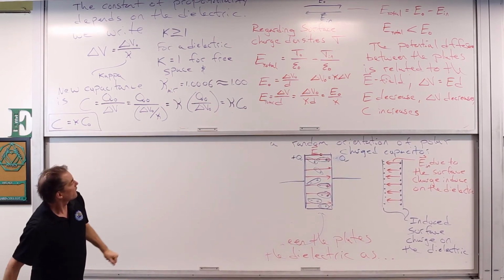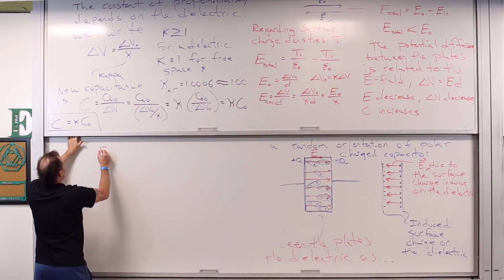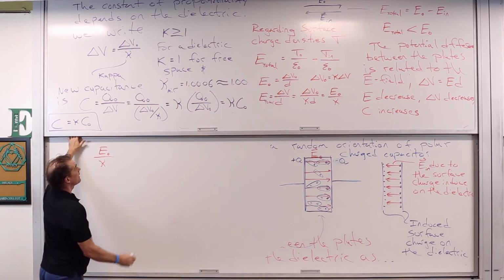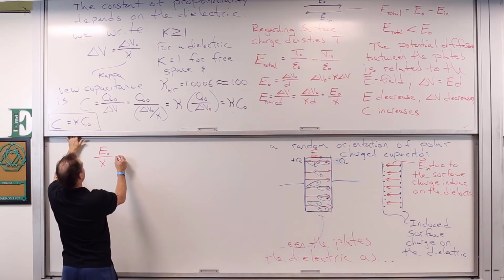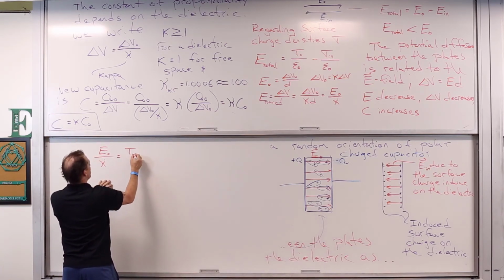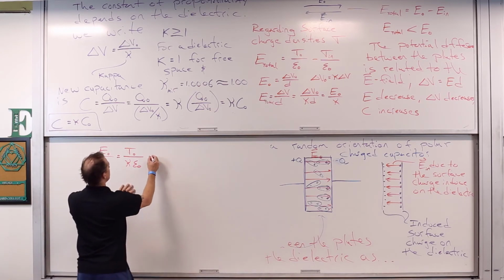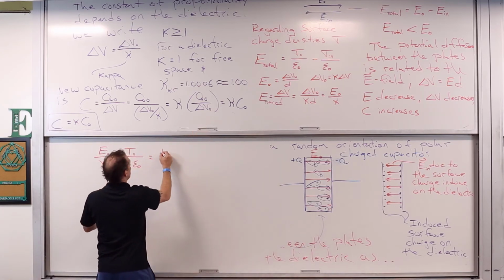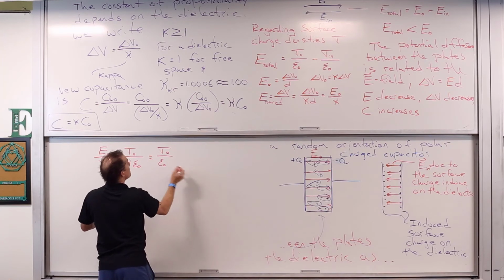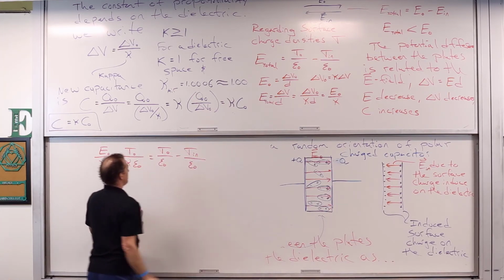Well, we can now say that E total is equal to the field divided by kappa, which has to be equal to sigma 0 divided by kappa epsilon 0, which has to then be equal to sigma 0 divided by epsilon 0 minus sigma induced divided by epsilon 0.